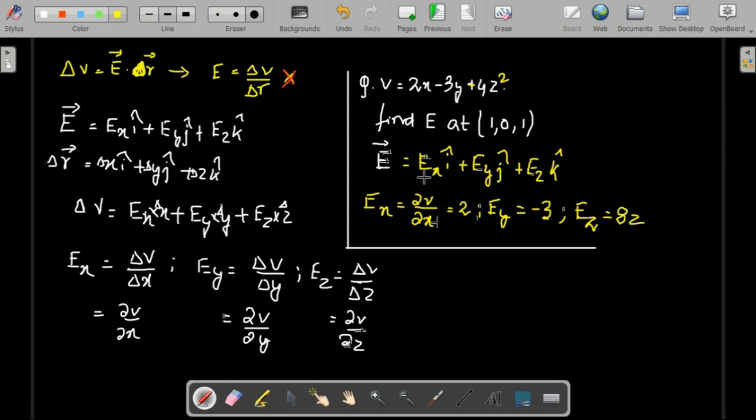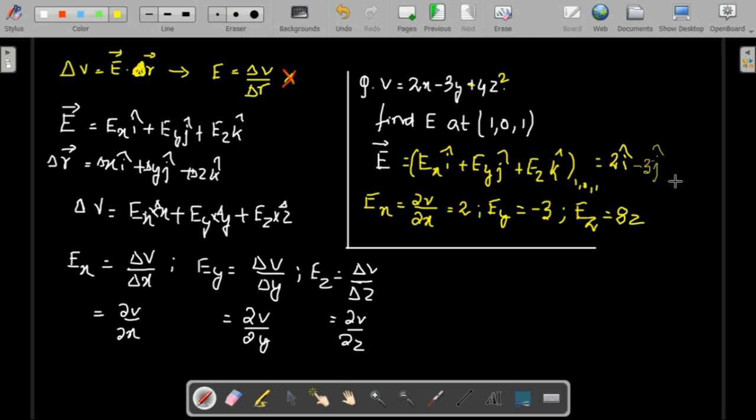What is my aim? My aim is to find out this value, but at the point (1, 0, 1). Ex is 2, there is nothing to change in x, so it will be 2 i cap, plus Ey is minus 3, so minus 3 j cap.